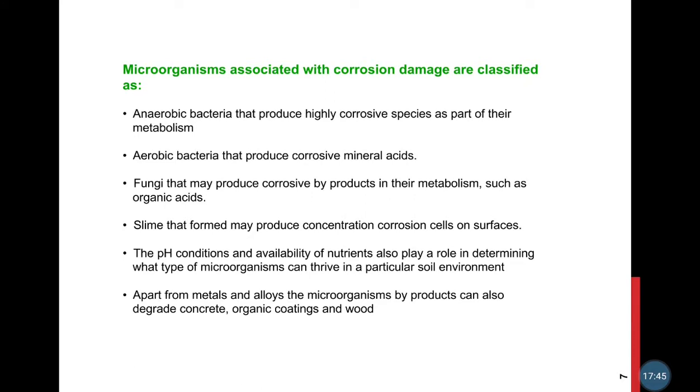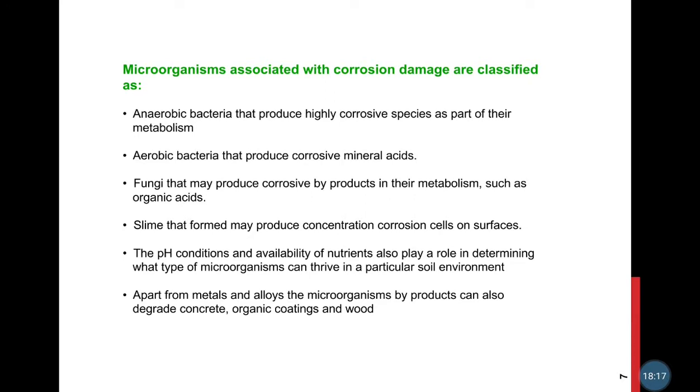mineral acid. Fungi that may produce corrosive byproduct in their metabolism such as organic acid, and slime that form may produce concentration corrosion cell on surfaces, and the pH condition and availability of nutrient also play a role in determining what types of microorganism can thrive in a particular soil environment.